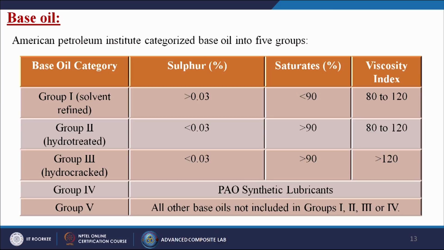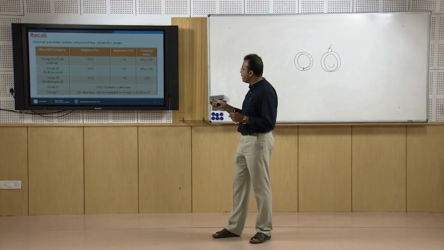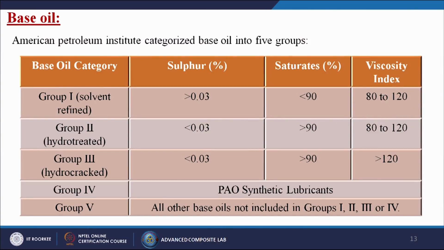So, what are the base oils? The American Petroleum Institute categorizes the base oils into 5 groups. These are all called the standards. The first one is group 1, which is solvent refined. Its sulfur percentage is greater than 0.03%, saturation is less than 90%, and viscosity index is 80 to 120.